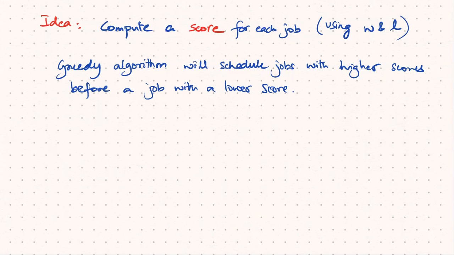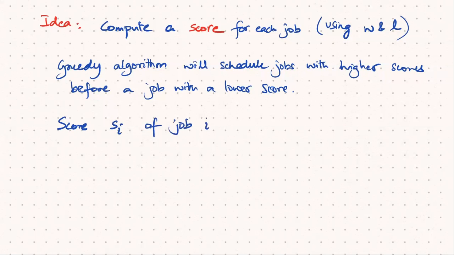A score has to somehow fuse these values, W and L, together into one value. There may be different candidates for a score. Let's give it a name, score Si of job i.